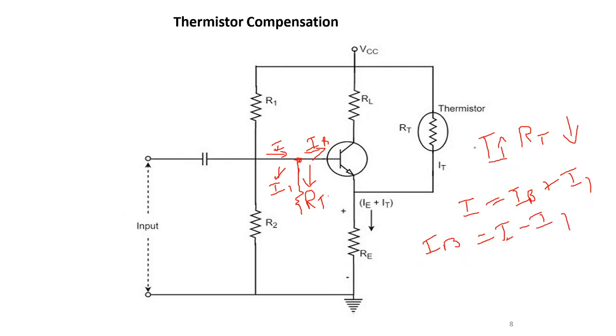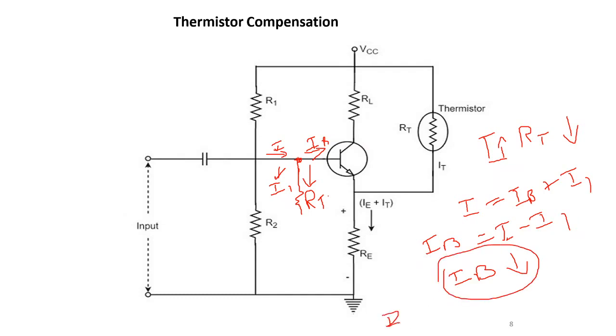We know that whenever the temperature is increasing, the resistance is decreasing, and the current is going to increase. Whenever this current has been increasing, the subtraction value has been increasing, and indirectly the IB current is decreasing, right? The IB current has been reducing.